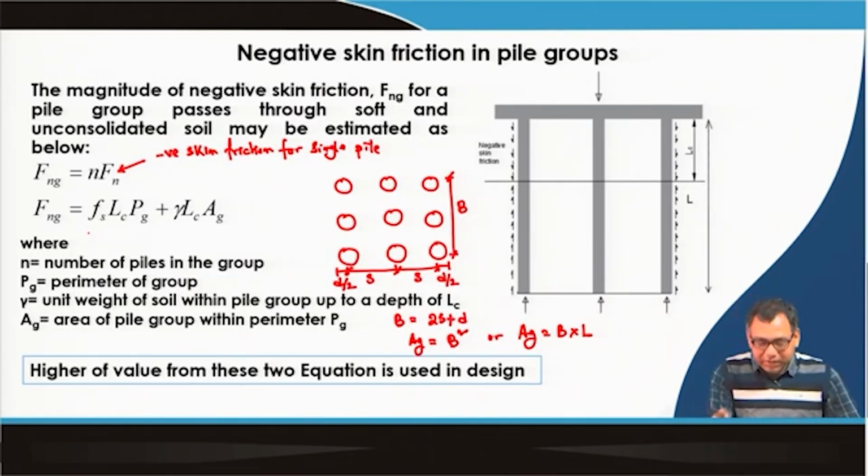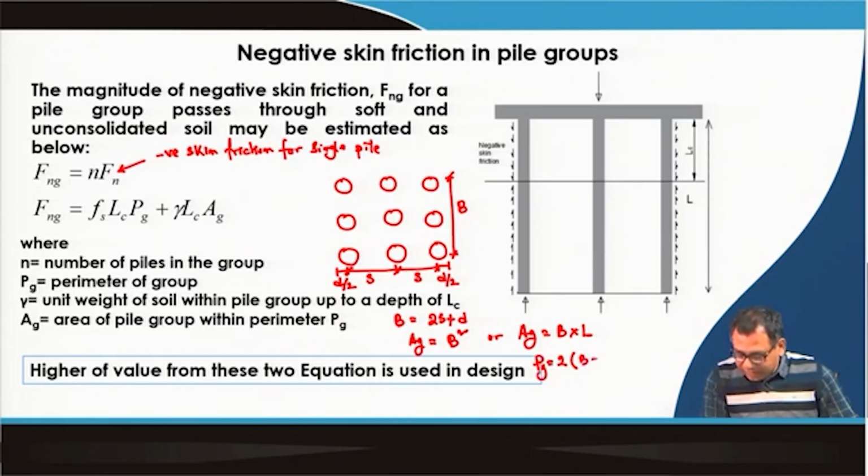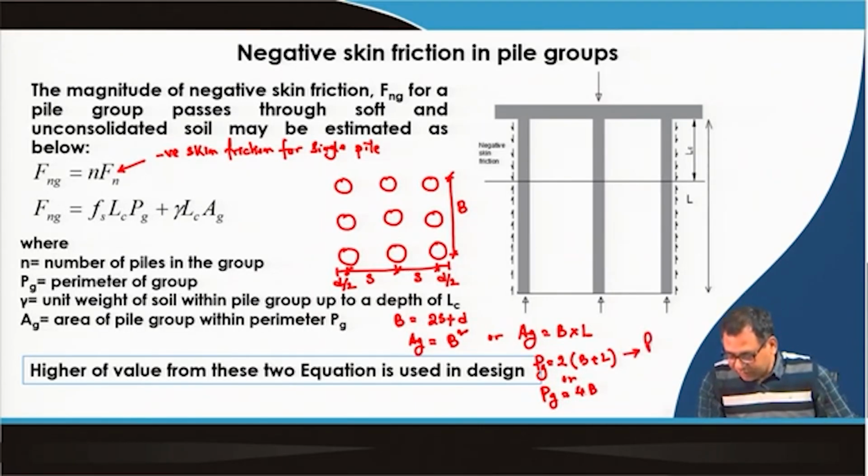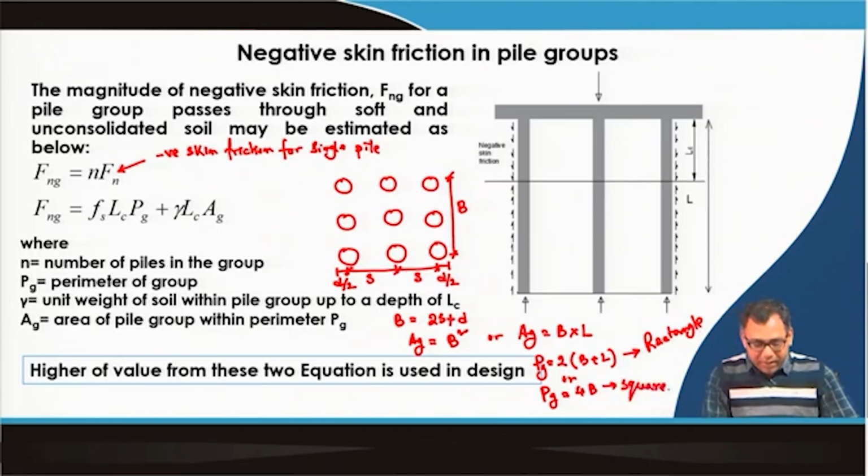Then multiply with P_G, the perimeter of the group, which will be 2(B plus L) for rectangular, or 4B for square.